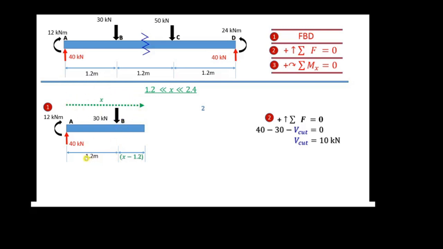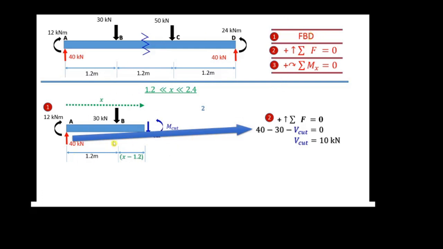At this point here, 1.2 as given in this FBD. So at the point B to this cut is x minus 1.2, the distance between B and the cut. Once you do the cut, we will have internal shear force here and internal moment here.